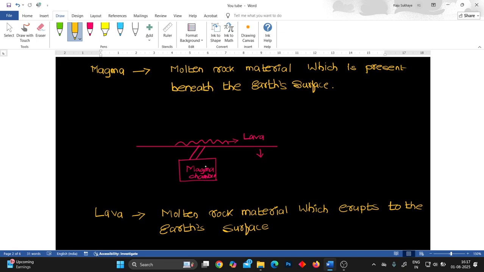And when the same molten mantle material, or we can call it the same molten rock material as well, is beneath the surface, we call it magma. So another way to define magma is molten mantle material.